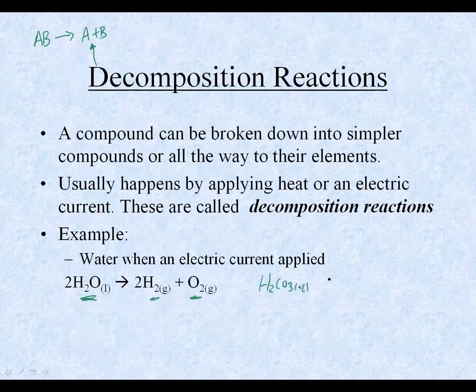When that is formed, it typically will very quickly break apart into H2O plus CO2. Again, one thing makes two things is your decomposition reaction. Any questions on that there?